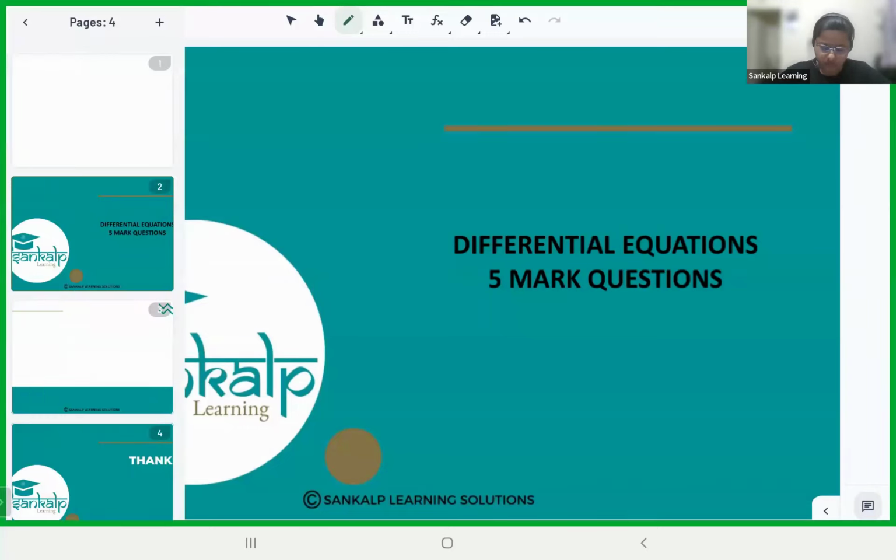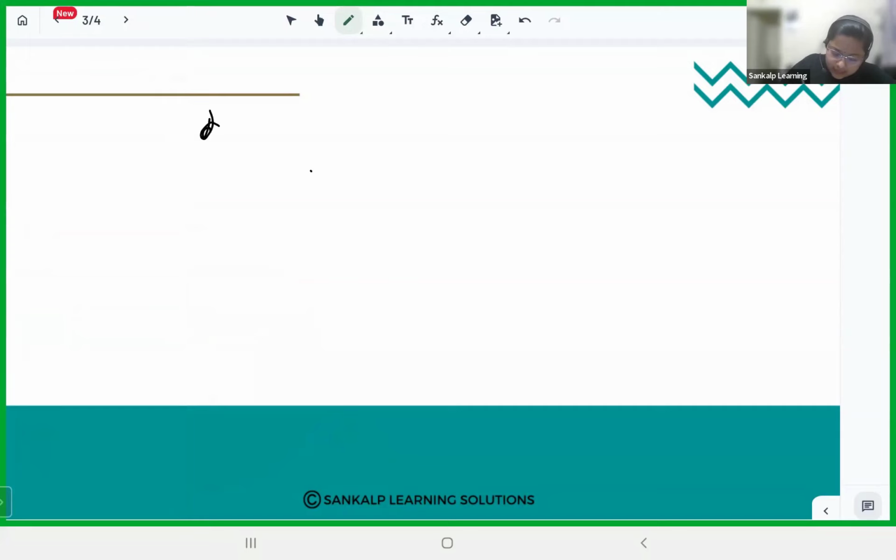So we can write the standard form here, that is dy by dx plus P into y equal to Q. This is the standard form of a linear differential equation.